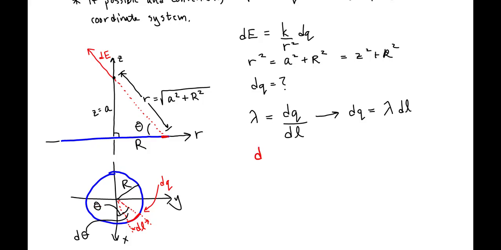So dl is really given by the arc length formula: R, our radius, times d theta. Now that we have our tiny bit of length in terms of the radius and theta, which are our polar variables, we can now write the representative charge element as lambda R d theta.